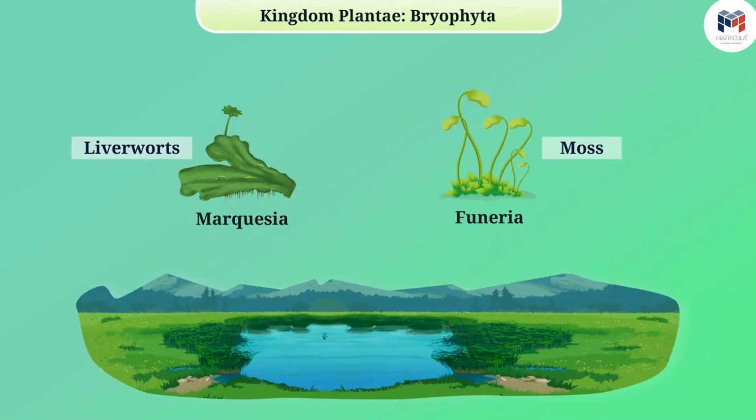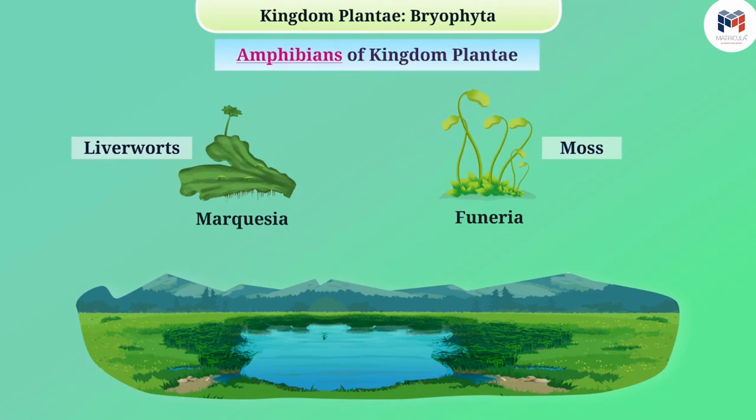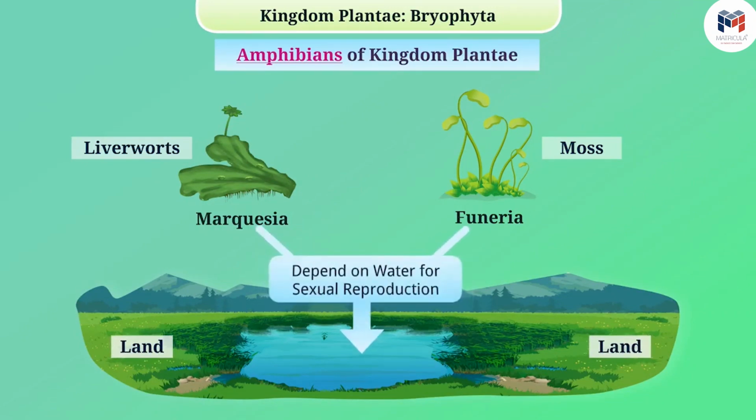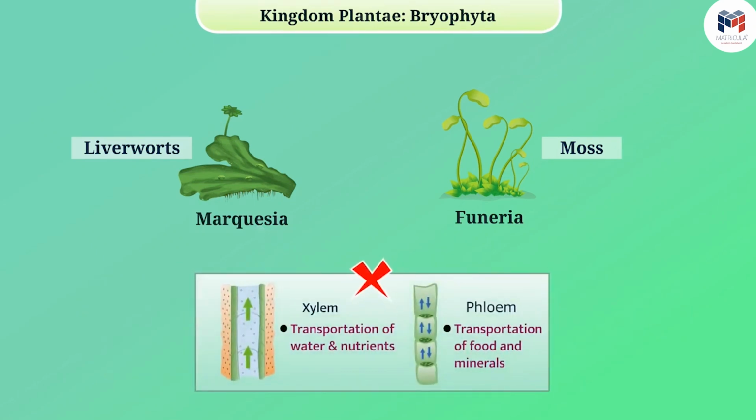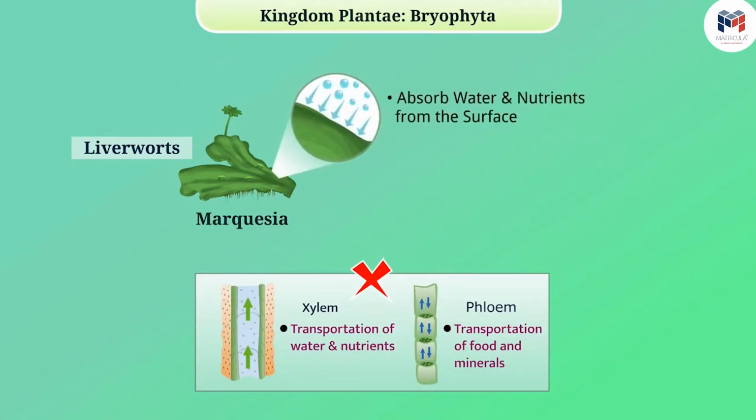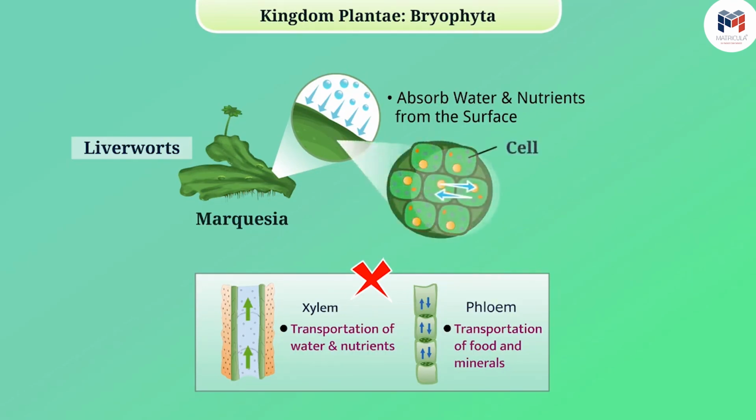Bryophytes are also called amphibians of kingdom Plantae because plants of this class live on land, but for sexual reproduction they depend on water. Their body does not have tissues for conduction of water and other substances from one part to another part. They absorb water and nutrients from the surface and the material is carried from cell to cell.